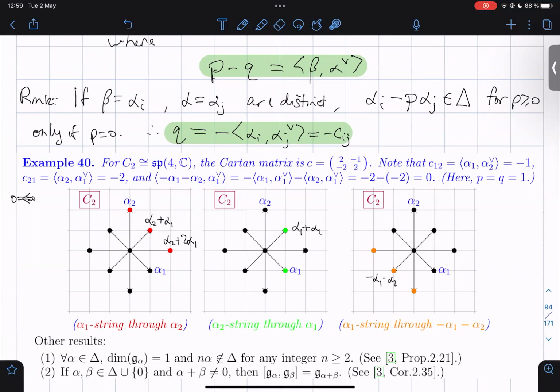Determining what P and Q are in this case, where you don't start out with a simple root, you need more information. Whereas in the case of strings through simple roots, the length of the string is obtained directly from the Cartan matrix.